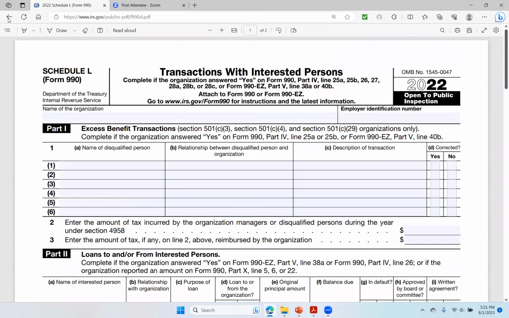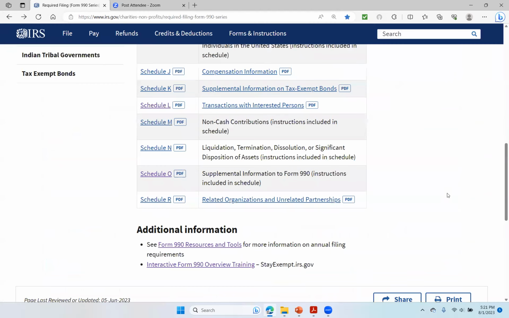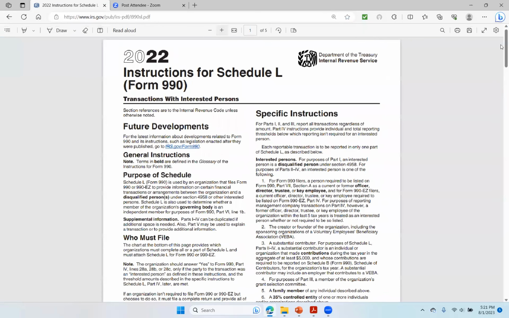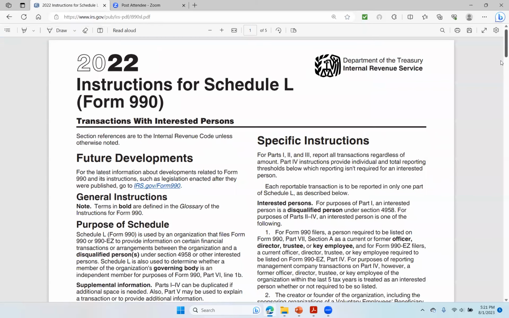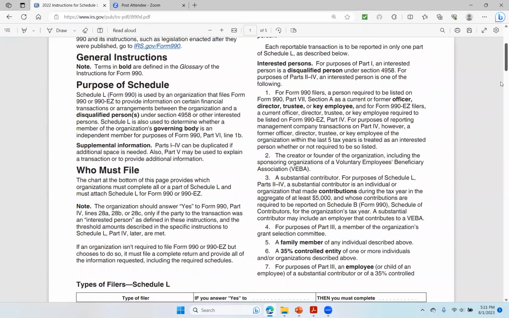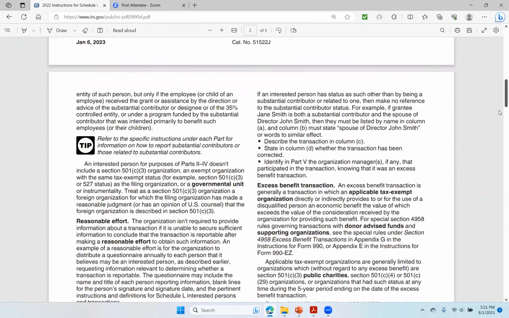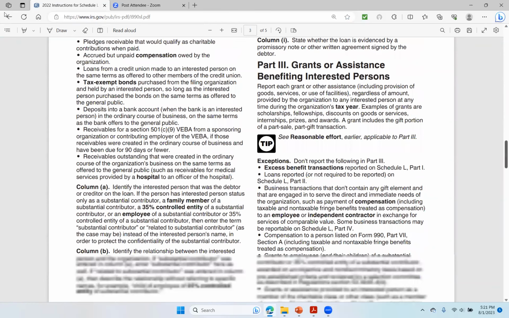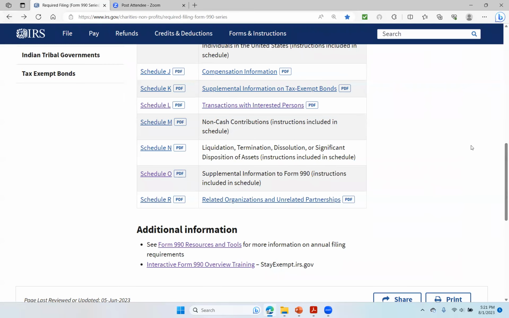And if you don't know how to complete it, then again, here are the instructions. The IRS removes any excuse that we have for not doing the right thing. We just cannot say we didn't understand how to do it, because the information is laid out for you. And if you really don't understand, you can always call and ask for help.